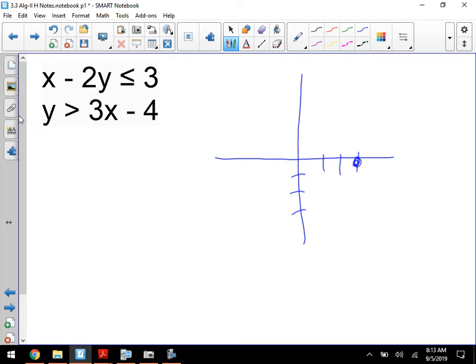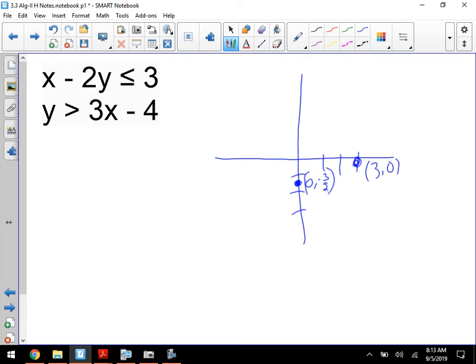We know that our x-intercept was at 3, our y-intercept would have been at -1.5, 3/2. So 1.5-ish. Label 3, 0, and 0, -3/2. When I connect those two, is it solid or dotted? And why?